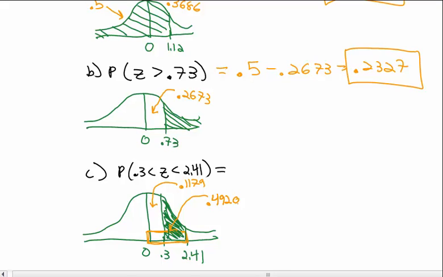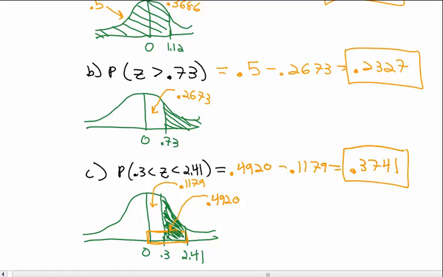We don't want the white space, which is the 0.1179, so we need to subtract that out. 0.4920 minus the white space we don't want of 0.1179, and I'll do that on my calculator, and I come up with 0.3741.